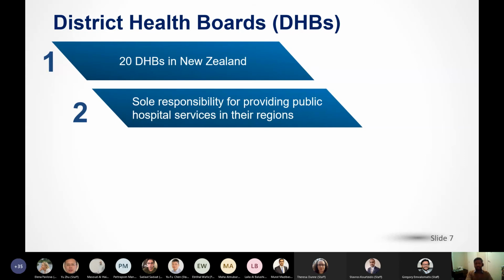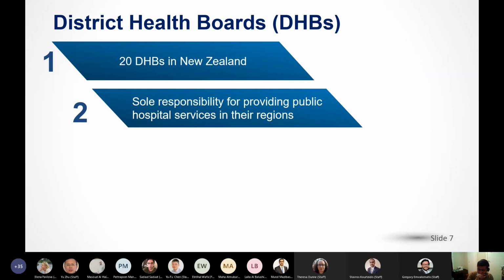If you get something wrong with your heart, an emergency, you go to a public hospital. So the district health boards have a very strong role. They not only manage hospitals, they also provide the primary healthcare services, the mental healthcare services, and the elderly care.